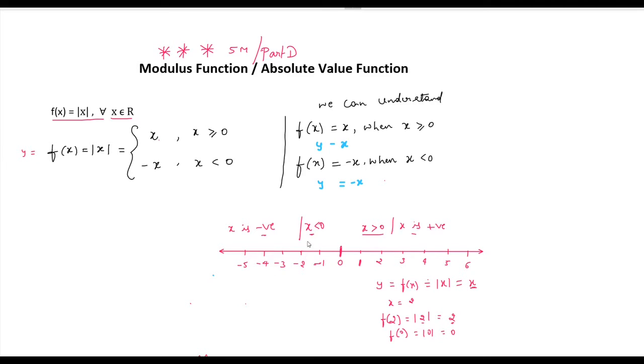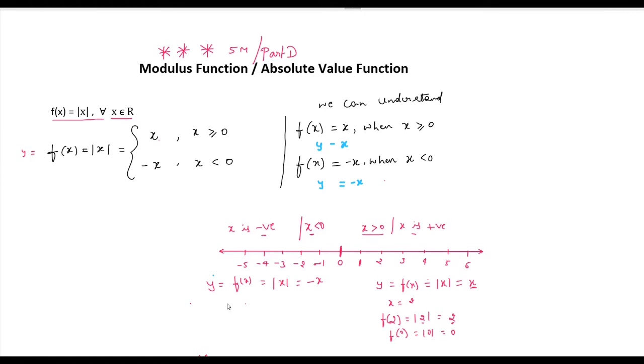Now let us check when x is less than 0. When x is less than 0, that is to the left side of the 0, you consider y is equal to f of x is equal to modulus of x, where x is negative, is minus x. Here, when x was positive, the function was defined as mod x is equal to x itself. But in this case, mod x is equal to minus x.